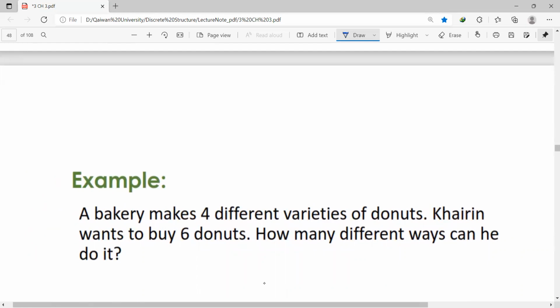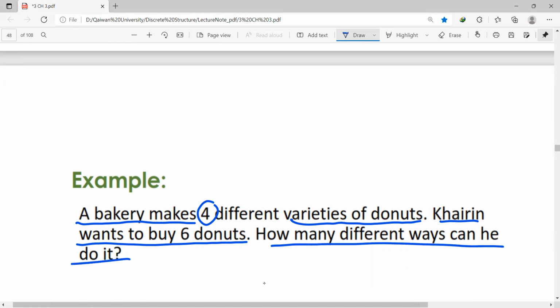Look, here we have an example. It says a bakery makes 4 different varieties of donuts. Khairin wants to buy 6 donuts. How many different ways can he do it? As you see here, it's possible for Khairin to choose all 6 donuts from one type, and he could even choose 3 from one type and 3 from another type.